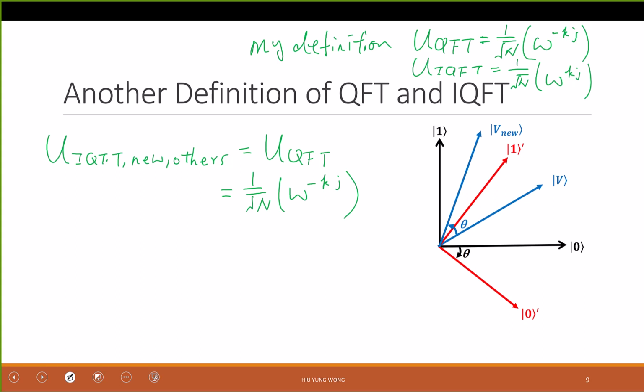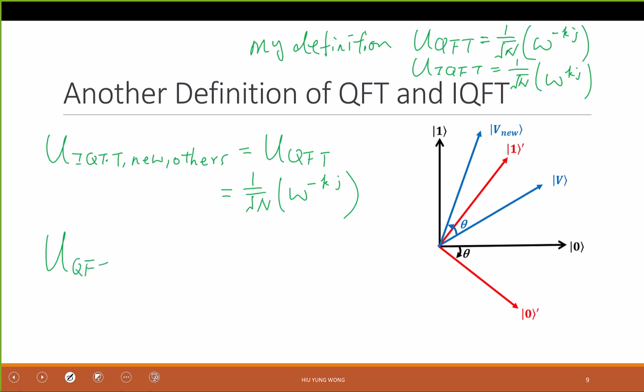So you need to be very careful if you go to this level. When people say they have a quantum Fourier transform, confirm with them which matrix you are talking about. Everything else is the same except the negative sign. Similarly, because it's unitary, the inverse equals the adjoint matrix.